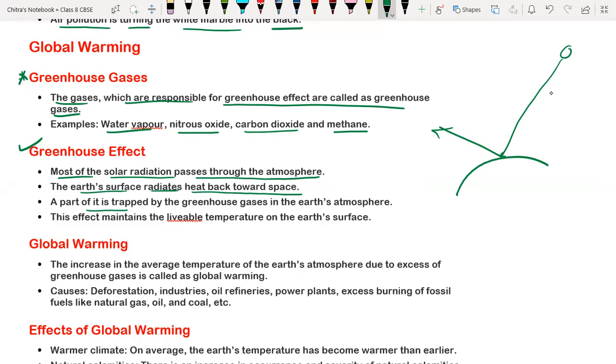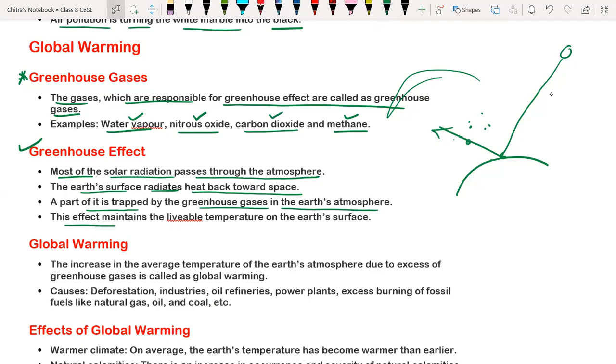When it is reflected from the earth to space, part of the radiant energy is absorbed by water vapor, nitrous oxide, carbon dioxide, and methane, the greenhouse gases in the earth's atmosphere.